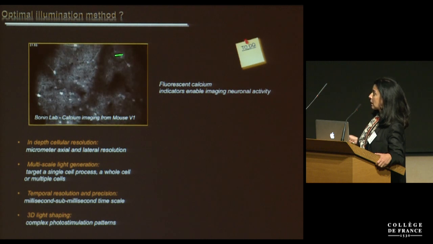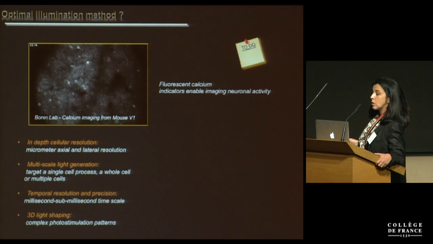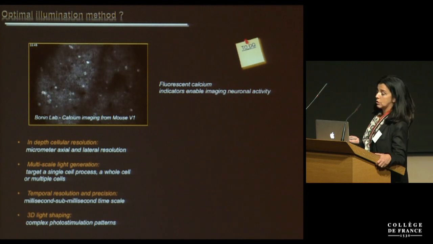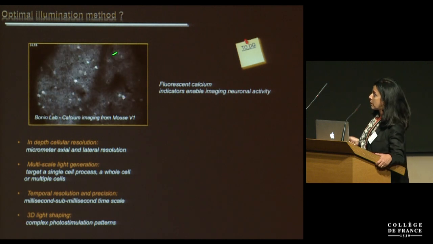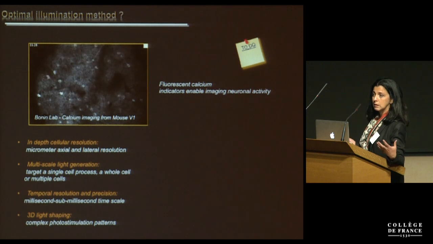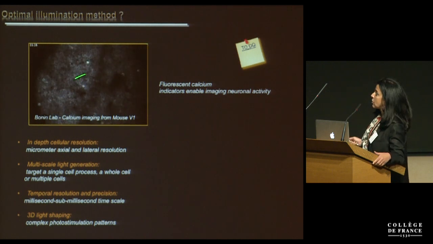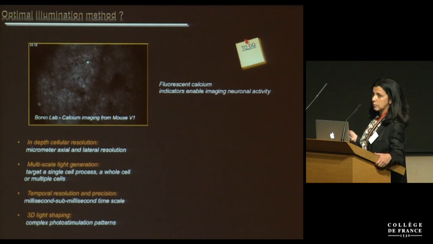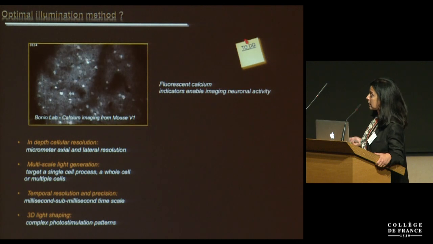Here what they did was to image the activity in the visual cortex while sending a specific visual stimulation. The reason why they could image neuronal activity is because in this preparation they put some calcium indicators. These are specific fluorophores that become brighter when the neuron is in an active state. So by looking at the fluorescence, you can look at cells, and when they become brighter, you know that at this time the cell is in an active state or is spiking.